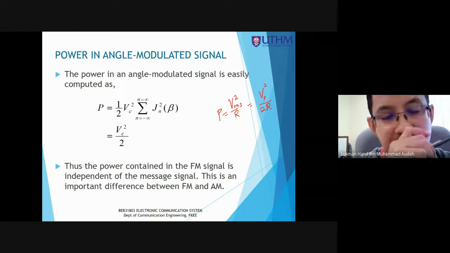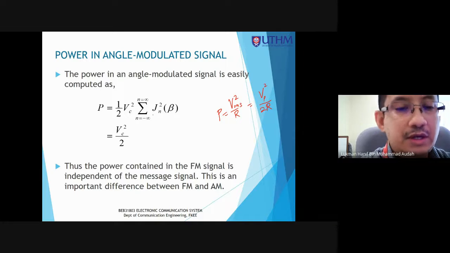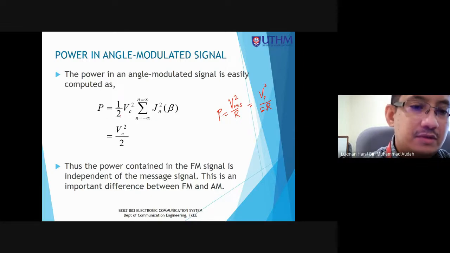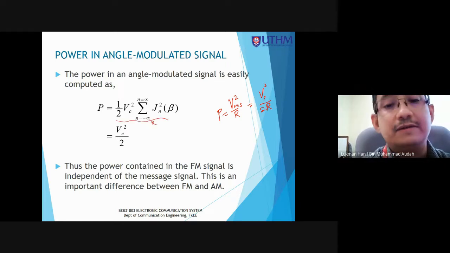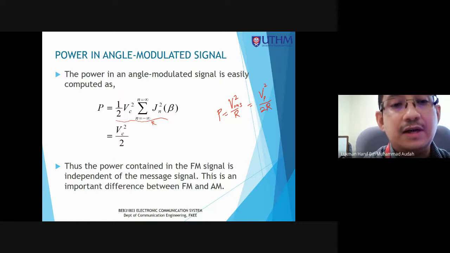So from here actually, there is R, there is R below here, divided by R. Actually there is R, but in this context we assume that the resistance is equal to unity, which is equal to 1.